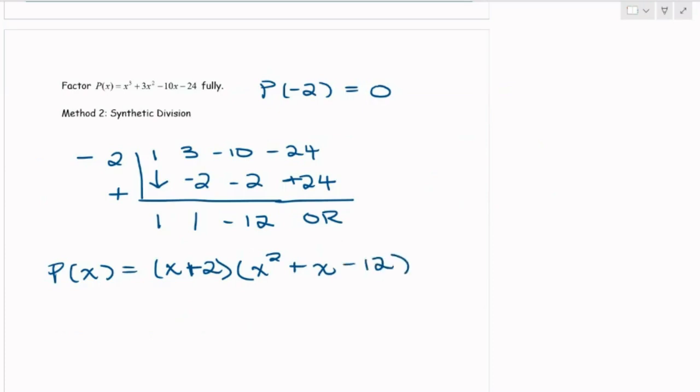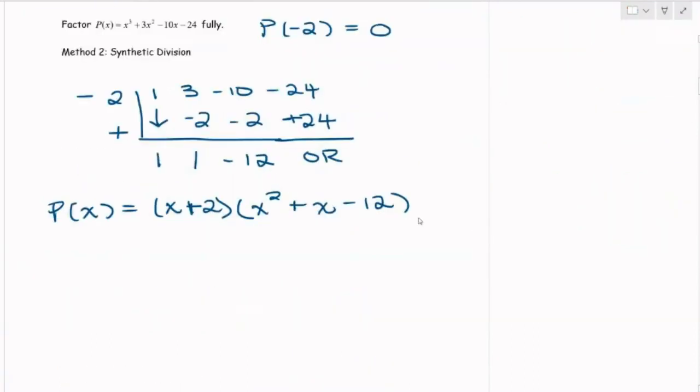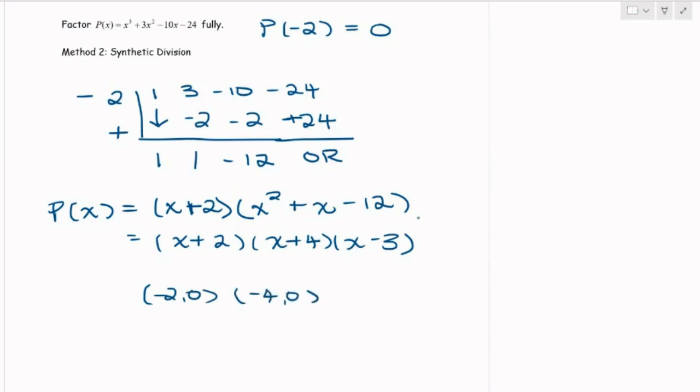And if you notice, that is exactly what we got up here. And so we're just going to continue factoring like we did up above. This is going to break down to x plus 2, x plus 4, and x minus 3. So your x-intercepts are negative 2 and 0, negative 4 and 0, and 3, 0.